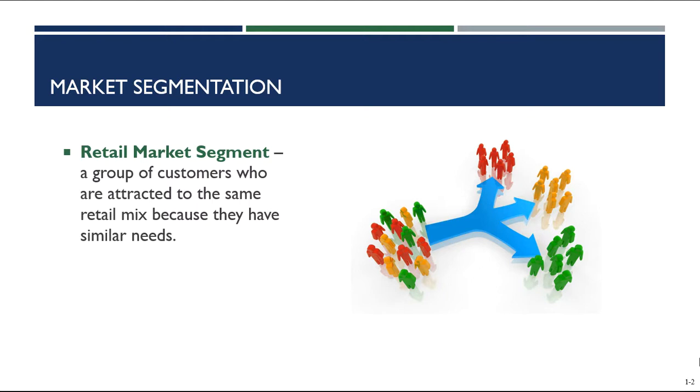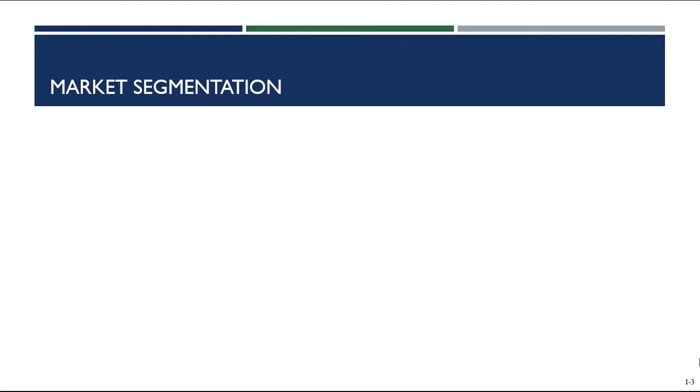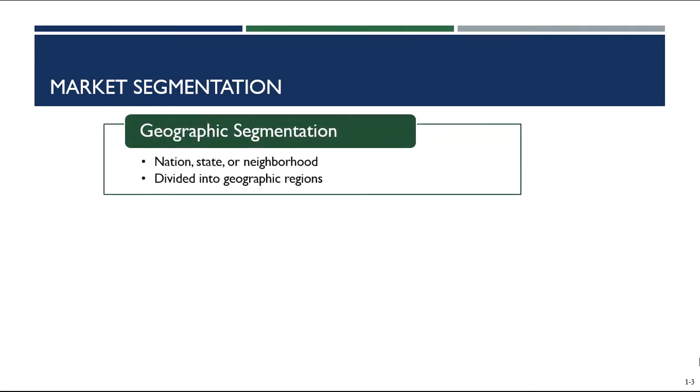And there's a wide variety of approaches for segmenting retail markets. A lot of these you're probably already familiar with, but we'll walk through them. The first and most basic way to segment a retail market is by geography, so geographic segmentation. You can segment by a specific nation, a specific state, or a neighborhood.